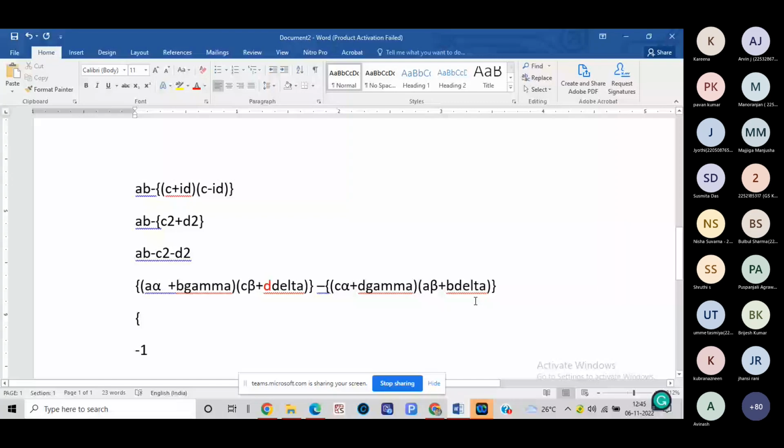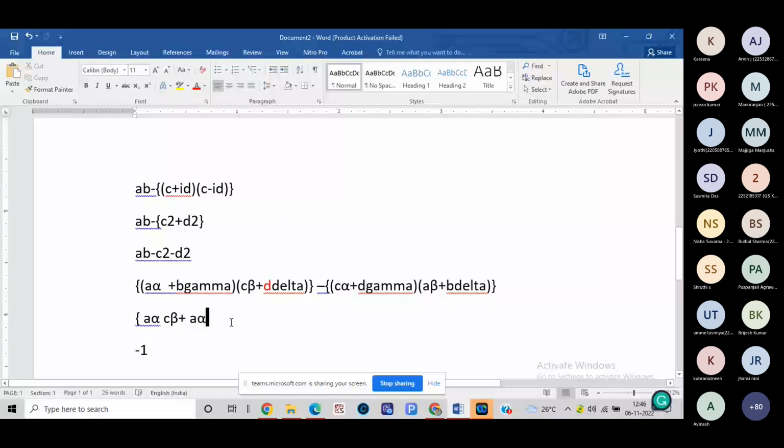Do the multiplication. A alpha, you get it. What terms are you getting? A alpha with C beta plus B gamma D delta. A alpha with, sorry, D delta.